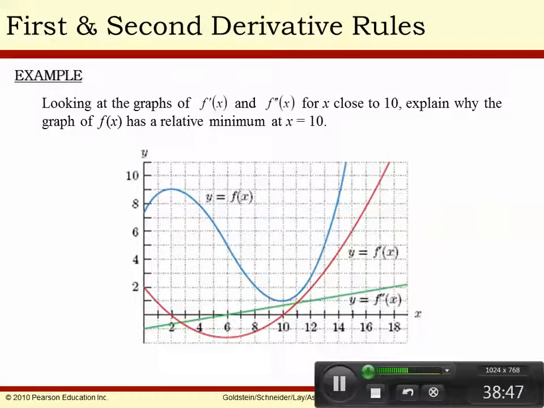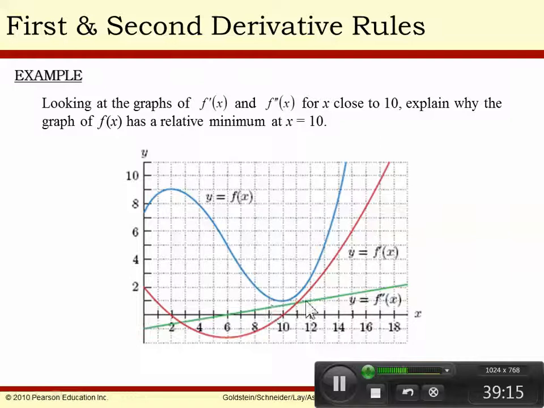We're going to have a theorem in a second that's going to say if the first derivative is 0, and look, the first derivative is 0 at 10, and the second derivative is positive, we're going to wind up at the bottom of the hill. Because the second derivative being positive means we're concave up, and the first derivative being 0 means that we have a flat line at the bottom.